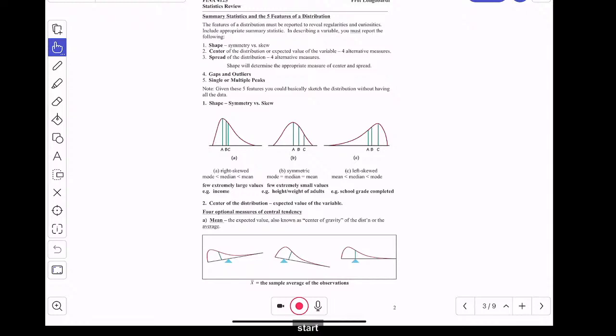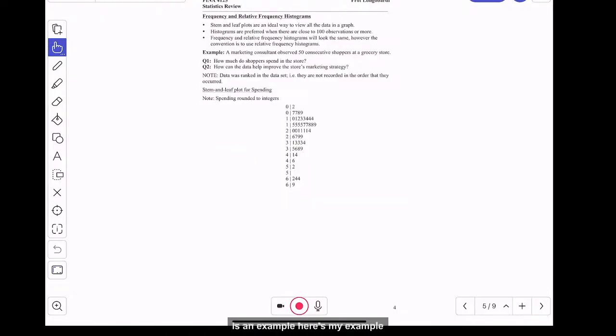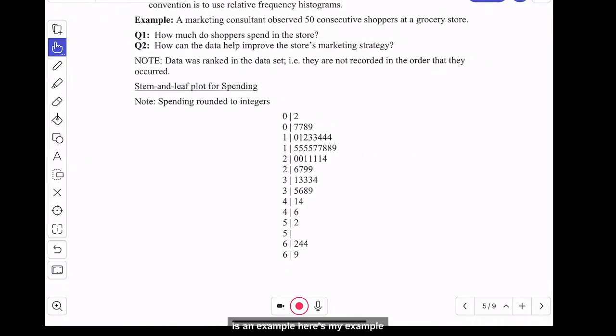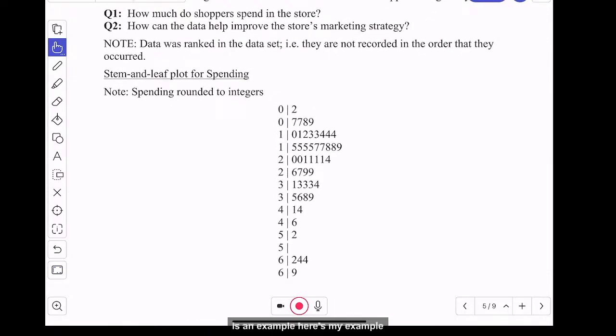All right, so where I'm going to start is an example. Here's my example. This is the data that has been ranked and arranged, demonstrating how much shoppers spend in a store.